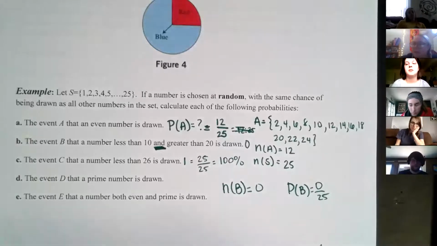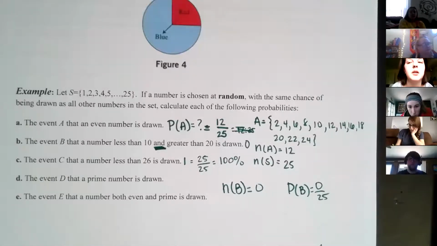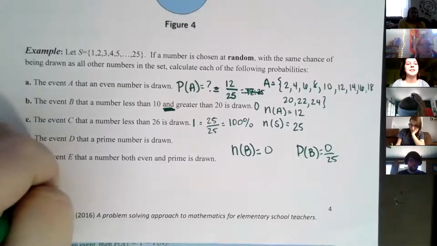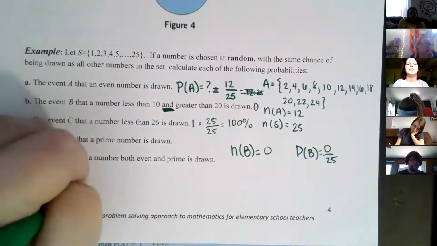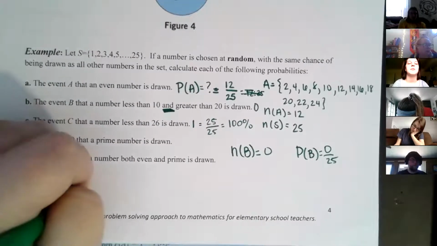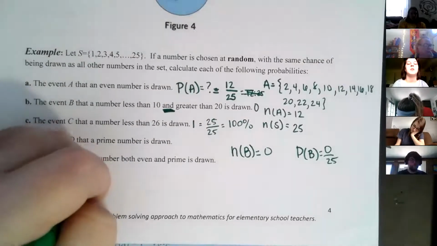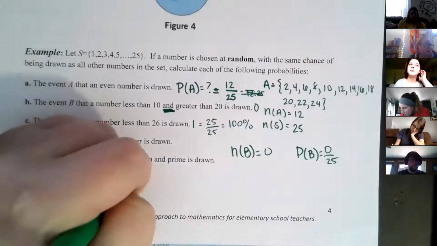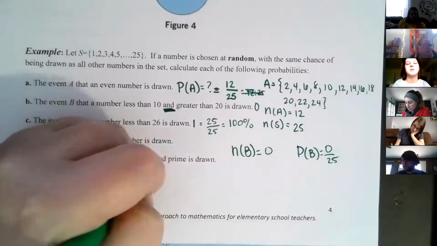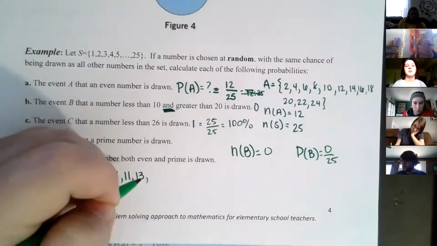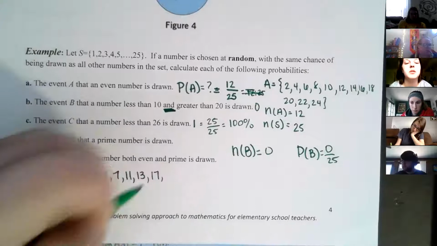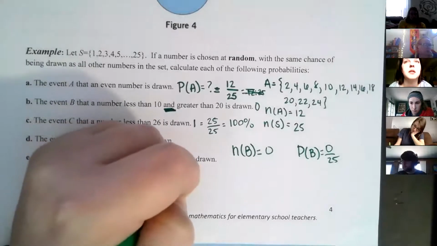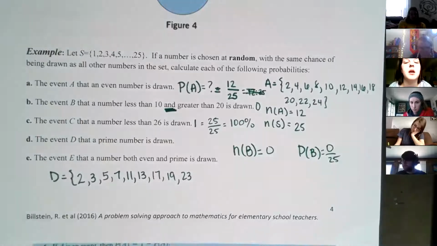What about D? A prime number is drawn. If we look at all the primes, that's going to be 2, 3, 5, 7, 11, 13, 17, 19, 23.